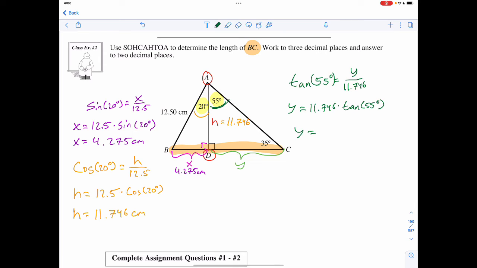My y is going to be approximately 16.775 centimeters.